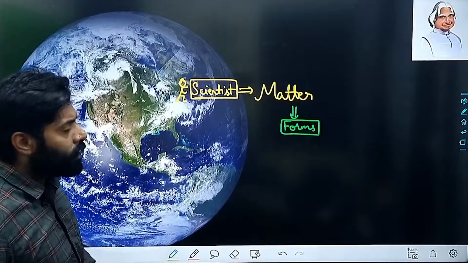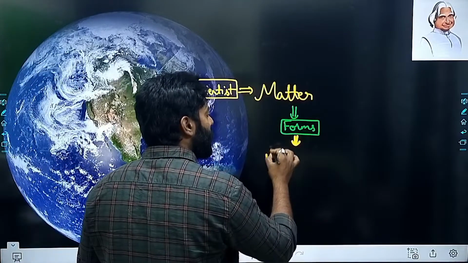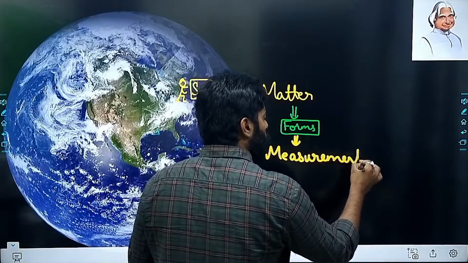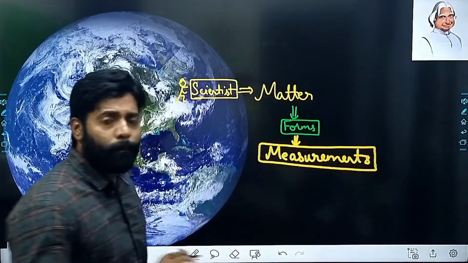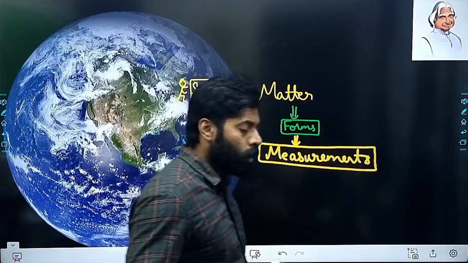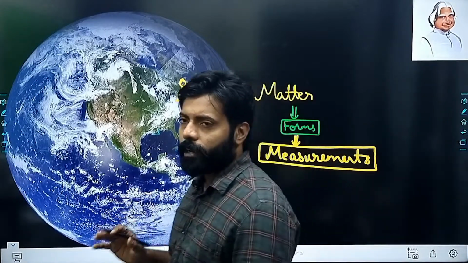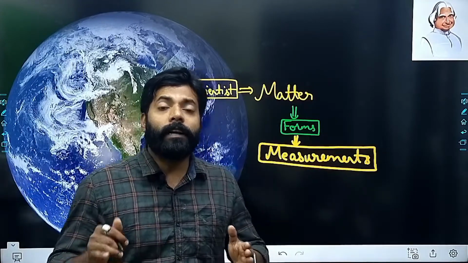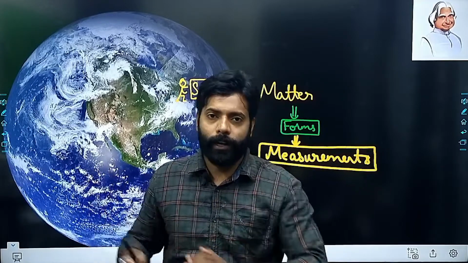So scientists formed some measurement criteria through which we can compare things. Measurement is nothing but a comparison with standard scenarios. If anybody asks you what measurement is, it is nothing but a comparison with standard things, that is, how many times that object is the standard quantity, right?